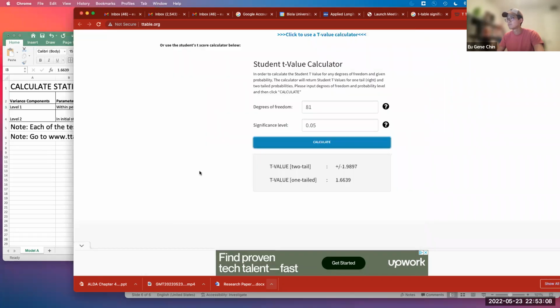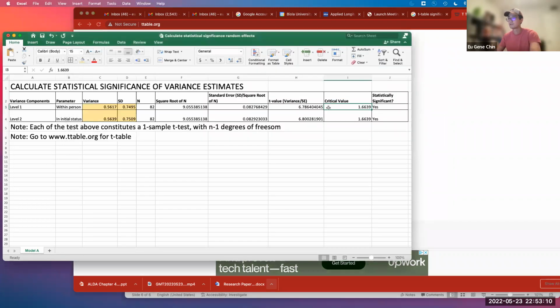1.9897. So our value is definitely larger than the critical value. So yes, it is statistically significant for both of them, meaning that the leftover variance within the person is still quite a bit, and the leftover variance between groups is still quite a bit as well.